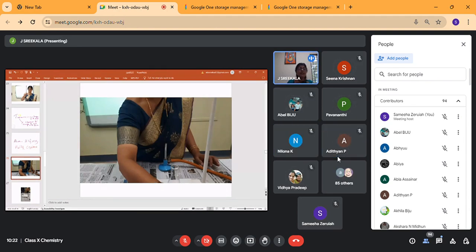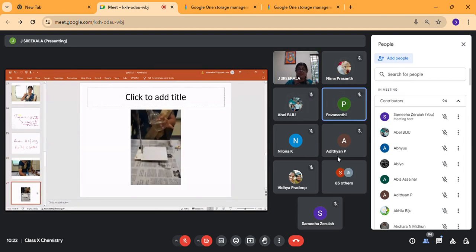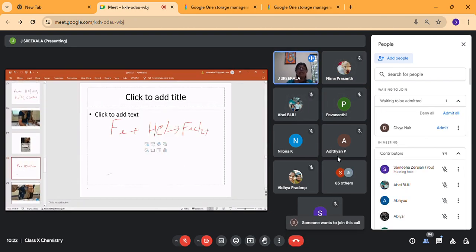And this hydrogen, when it is coming up, in presence of that light, reacts with the oxygen to form water. It is an exothermic reaction.